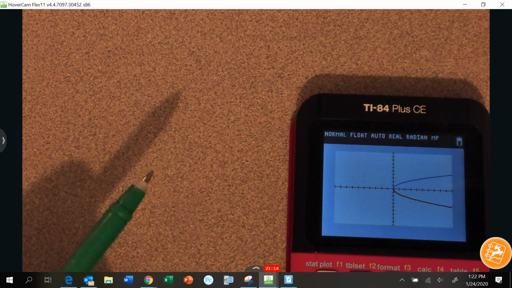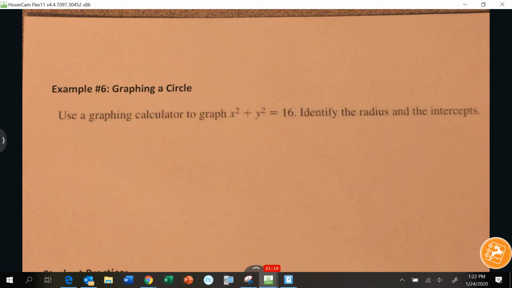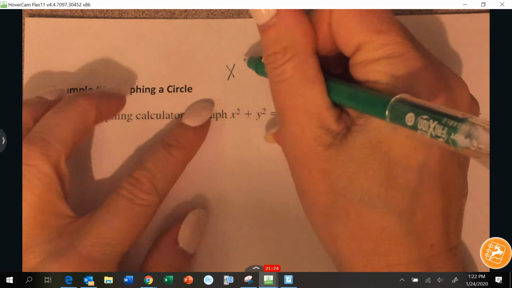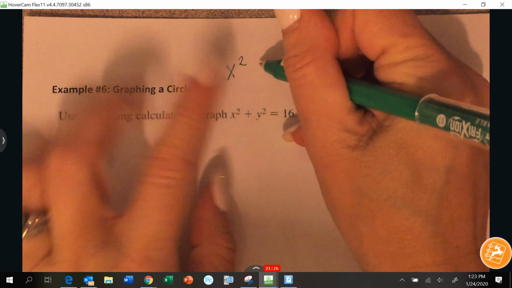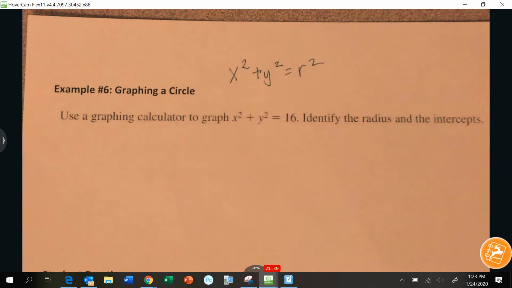All right, what's next? Graphing a circle. The equation of a circle, there are more complicated versions, but very generic would be x squared plus y squared equals r squared. That'd be like the parent function. But simply it's just r squared.